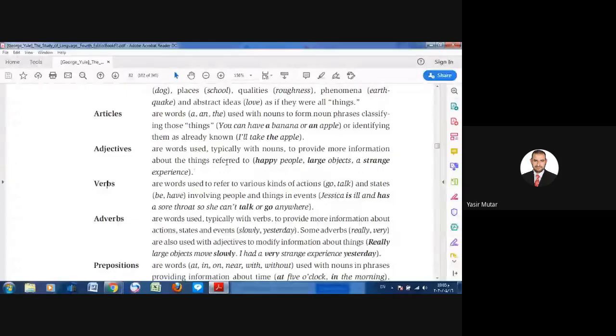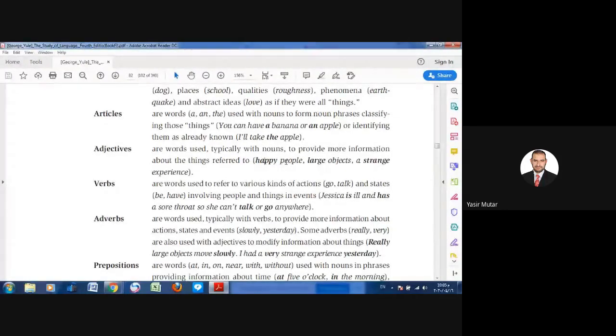For example, when I know people, but to add more information, I say happy people. So it specifies. In some grammatical books, they would say adjectives are modifiers.